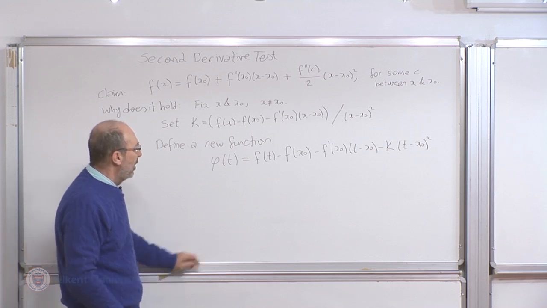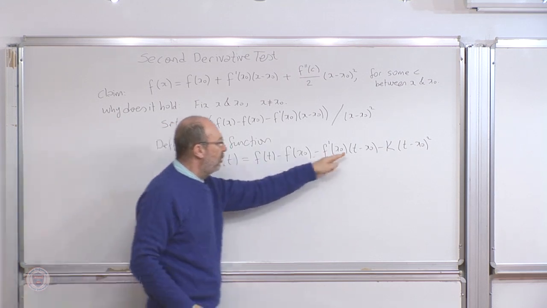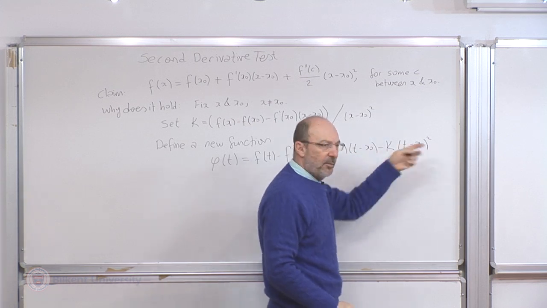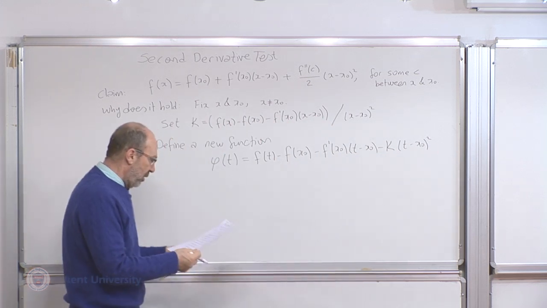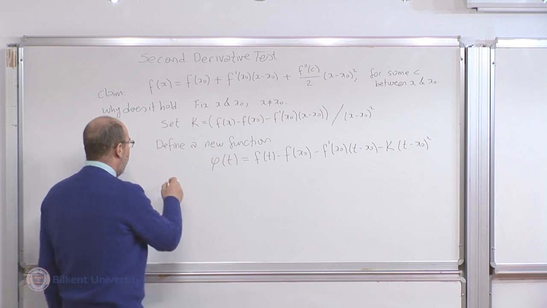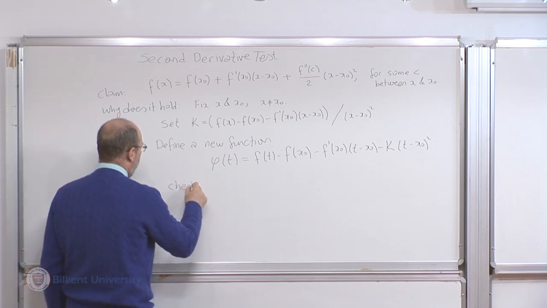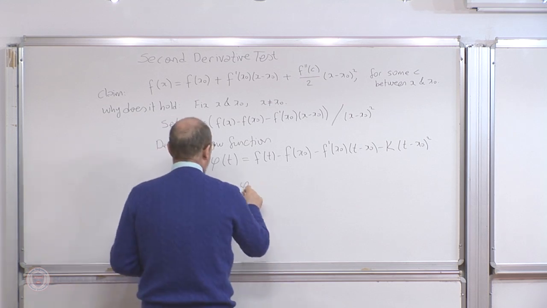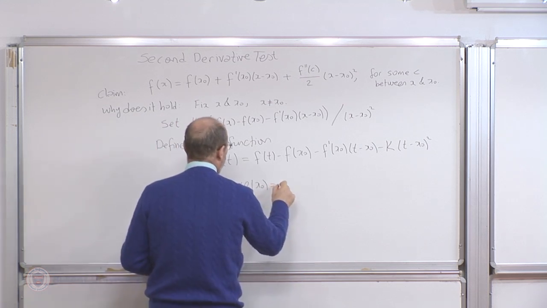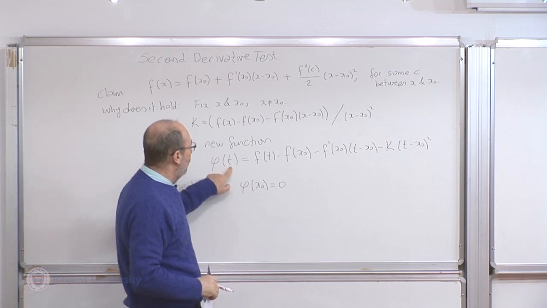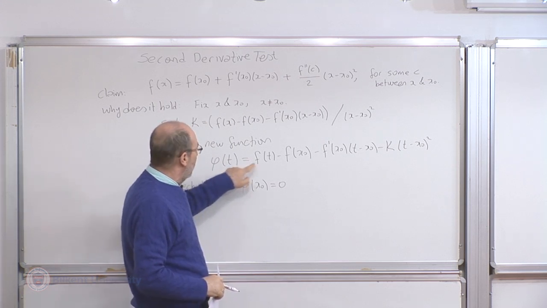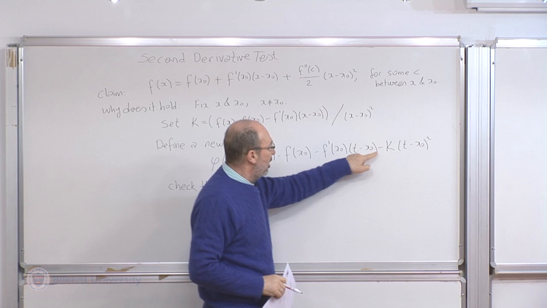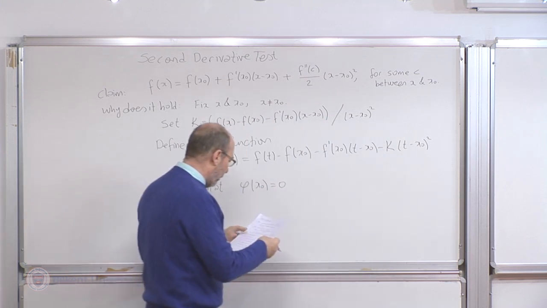This function is defined wherever f is defined, because the other parts are polynomials, defined everywhere. Now check that phi of x sub 0 is 0. If we put x sub 0 for t, this and this cancel. These are 0, so you get 0.